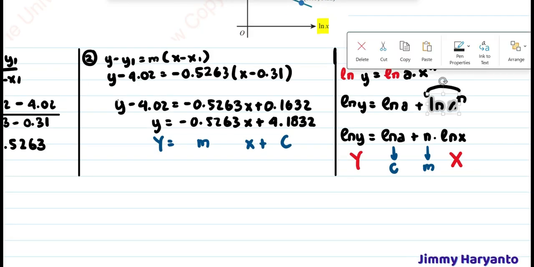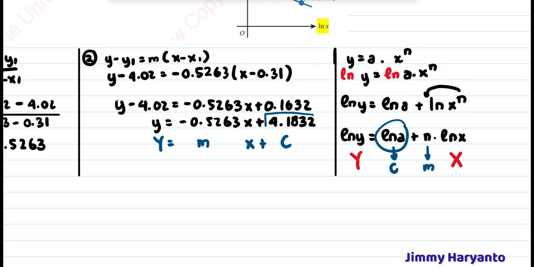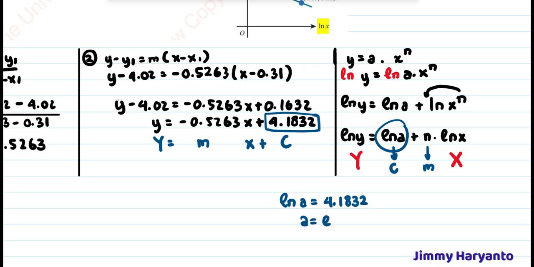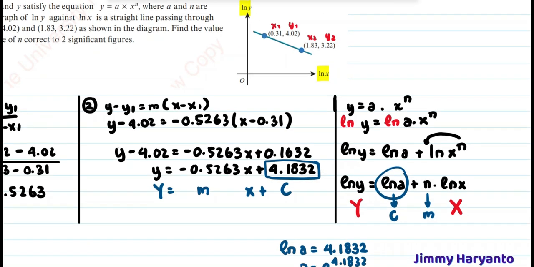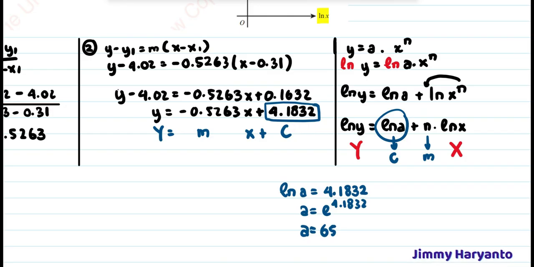Because the c is ln a, that means ln a has to be exactly the same as this one, so I can conclude that ln a equals 4.1832, so a equals e to the power of 4.1832. It's 65 in 2 significant figures, it says, so 66.